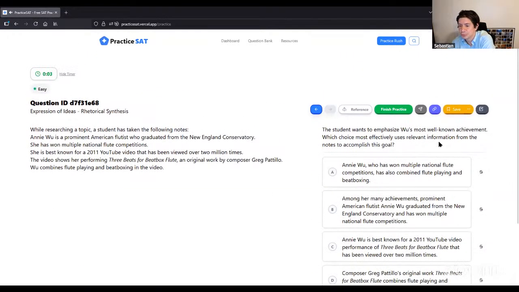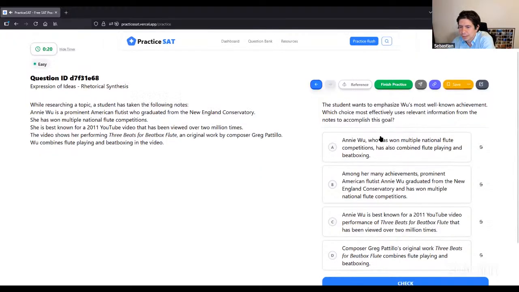The student wants to emphasize Wu's most well-known achievement. Which choice most effectively uses relevant information from the notes to accomplish this goal? A. Annie Wu, who has won multiple national flute competitions, has also combined flute playing and beatboxing. That doesn't really emphasize it, but we'll see.